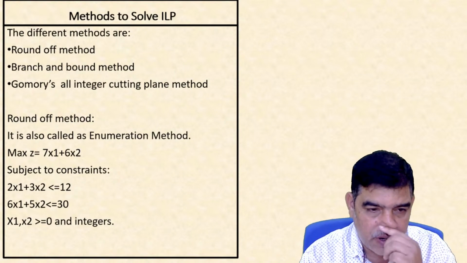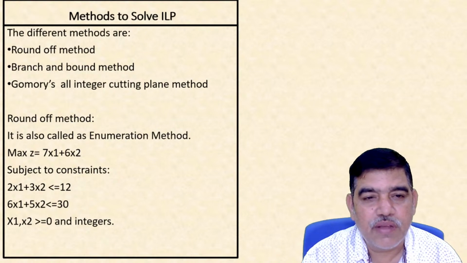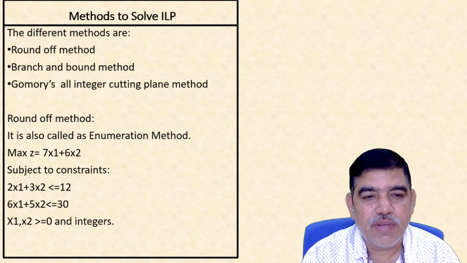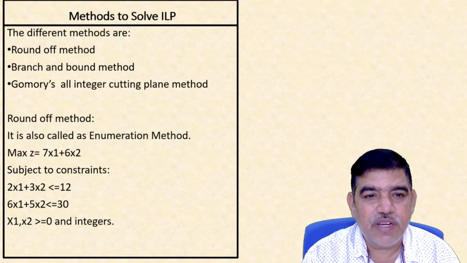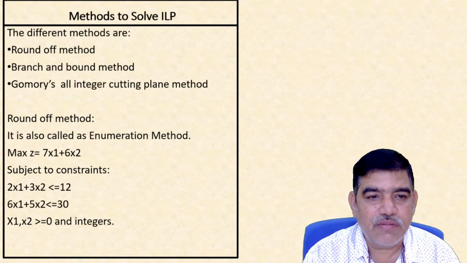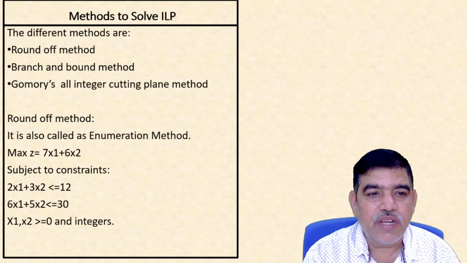Because if you solve this problem by using the simplex method or graphical method, sometimes we get a fractional value. That's why we use this integer linear programming method to get the appropriate optimal solution.